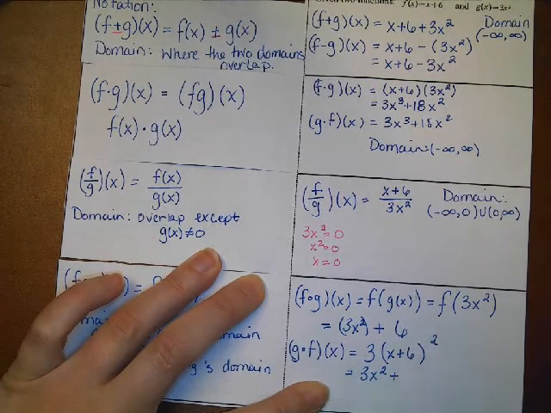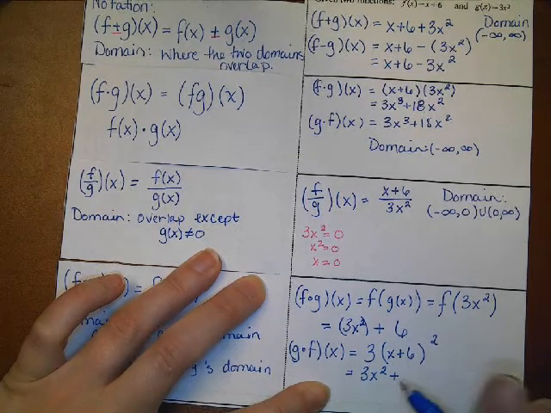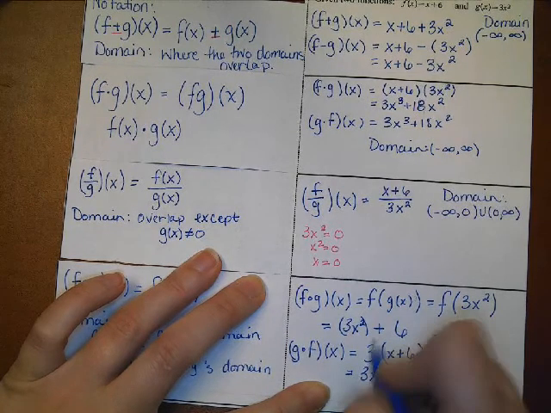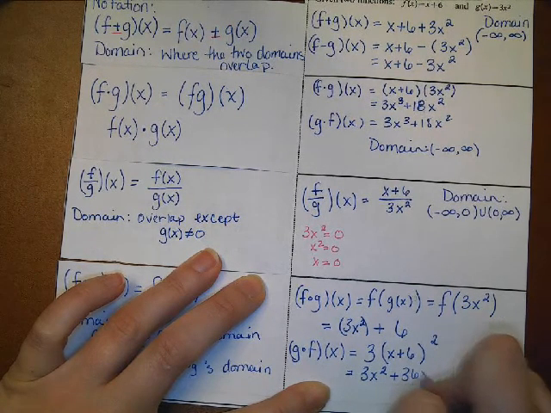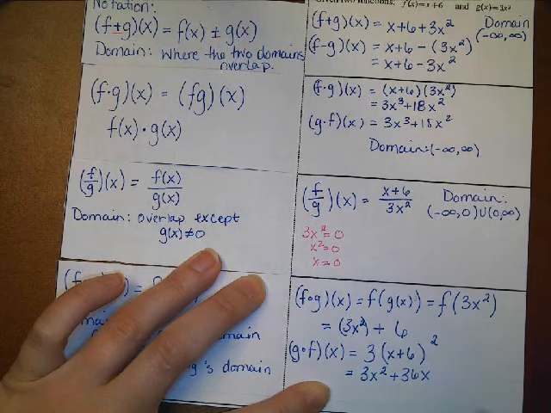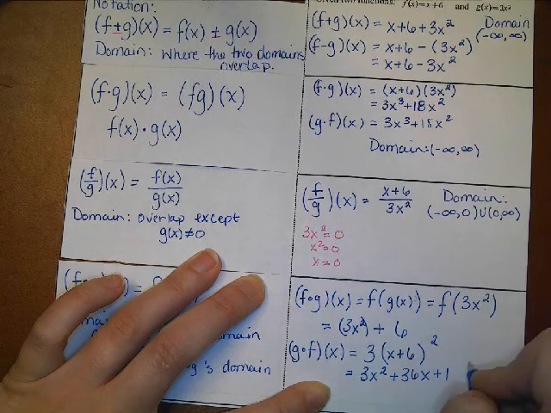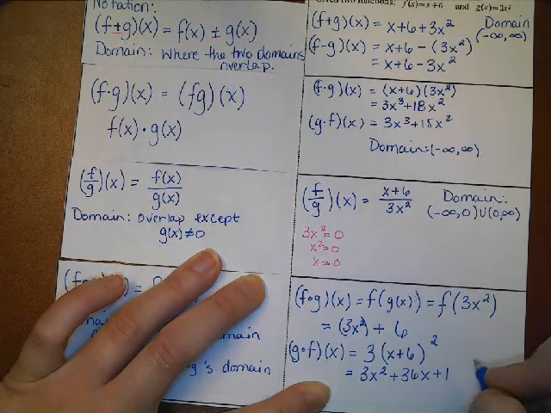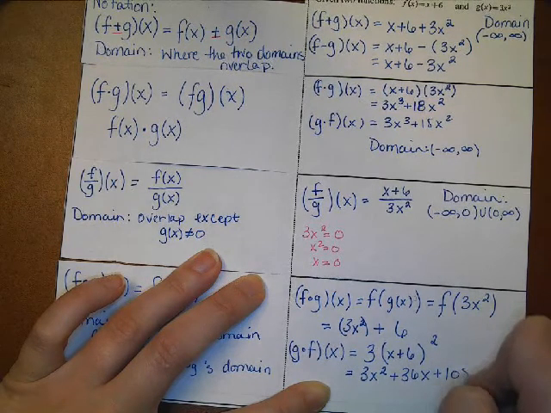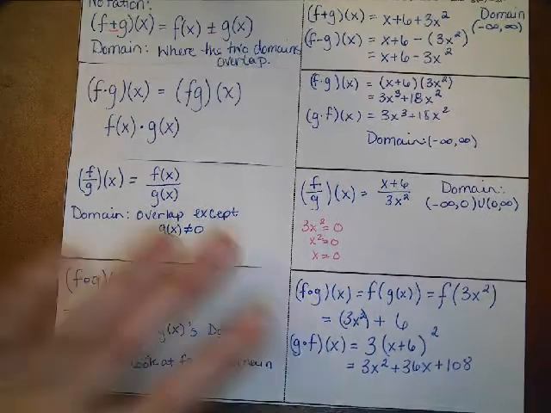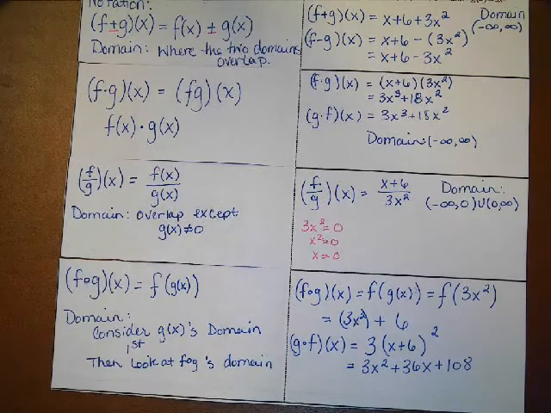So that would work out to be 3x squared plus, it would be 12 times 3, which is 36x, and then 6 times 6 is 36 times 3, is it 108? 36 times 3. Yeah, 108.